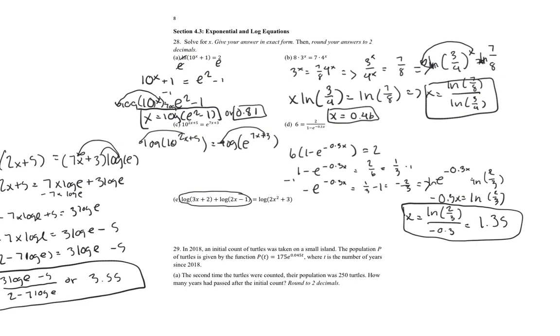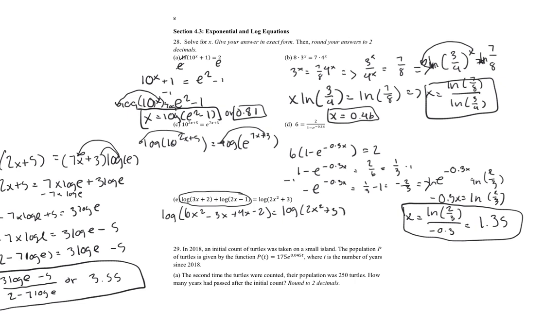And so that's going to be log of, if we go ahead and factor this out, 6x squared minus 3x plus 4x minus 2 is equal to log of 2x squared plus 3.